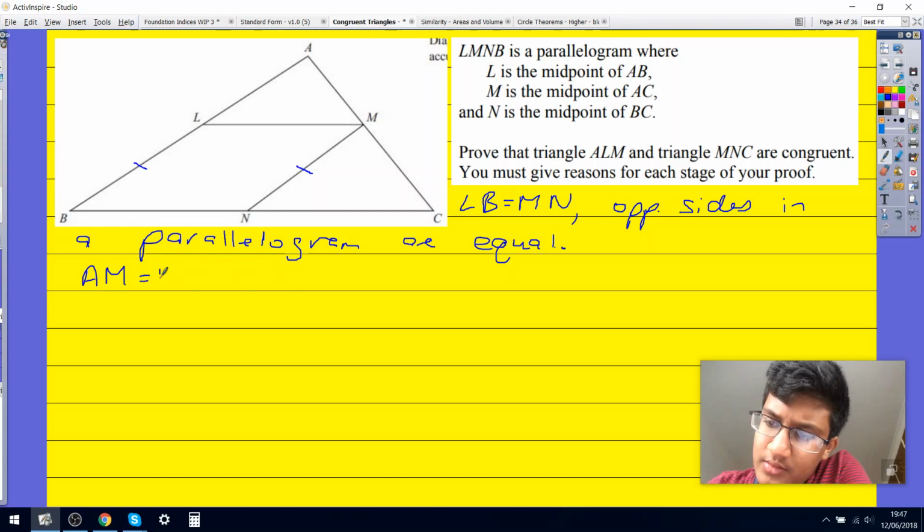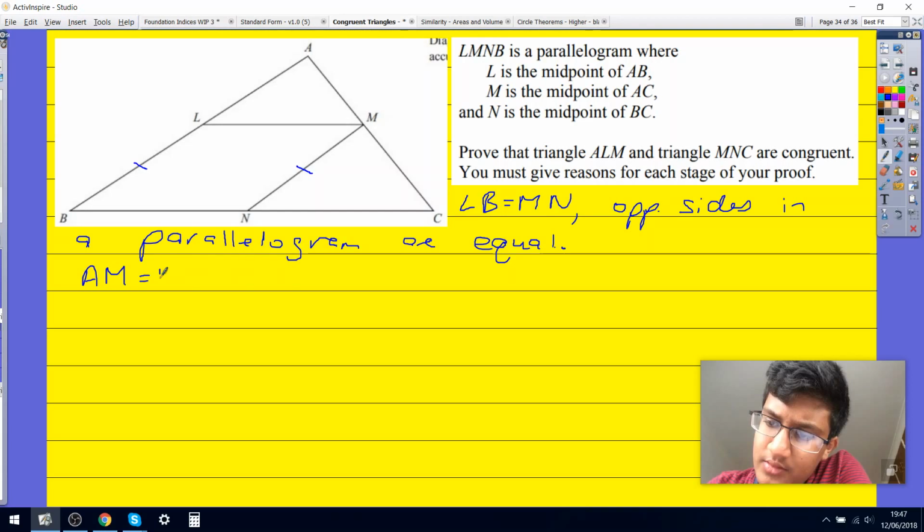If those two sides are equal, then LN is equal. So therefore, because we know that these are all equal, we can say that MN is a shared side of triangles.